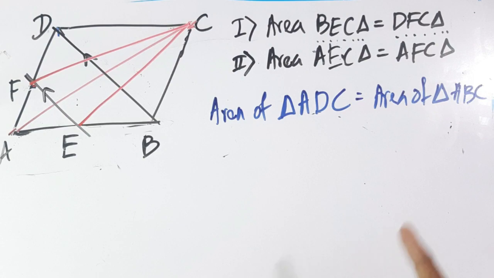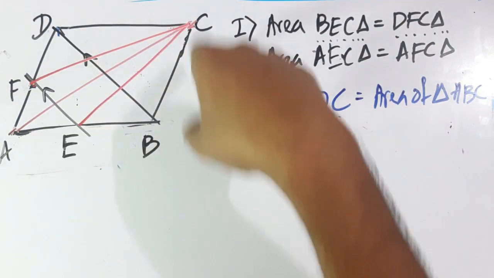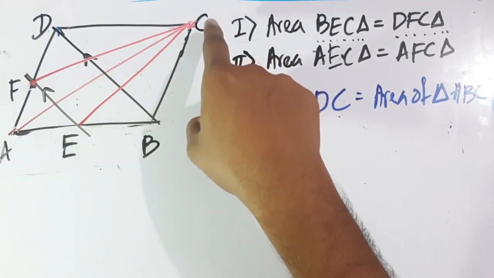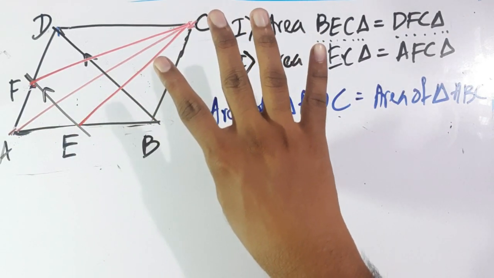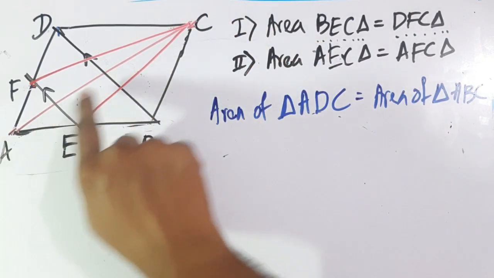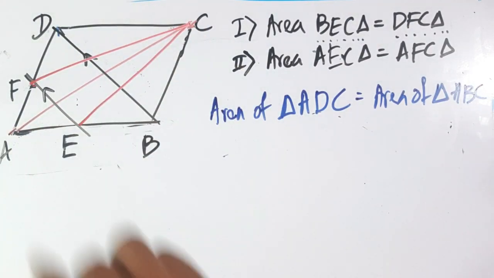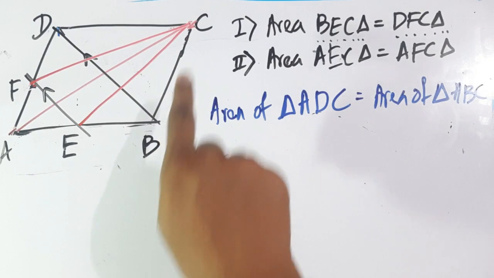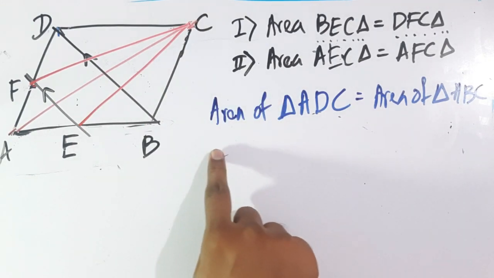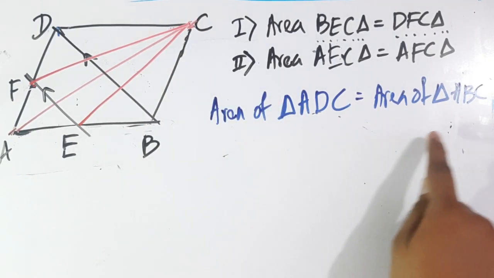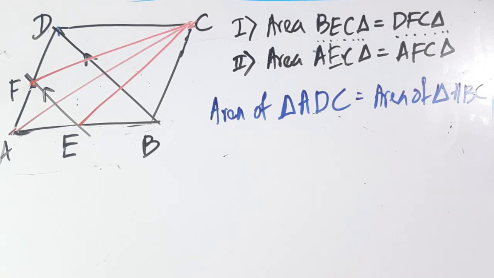I'm not going to write it here, but you have to write the reason. The reason is ABCD is a parallelogram and AC is a diagonal. Fourth property of parallelograms you study in grade 10: when you draw a diagonal, the area of the parallelogram is bisected. That means area of ADC equals area of ABC. Reason: diagonal bisects the area of a parallelogram. That must be the reason.